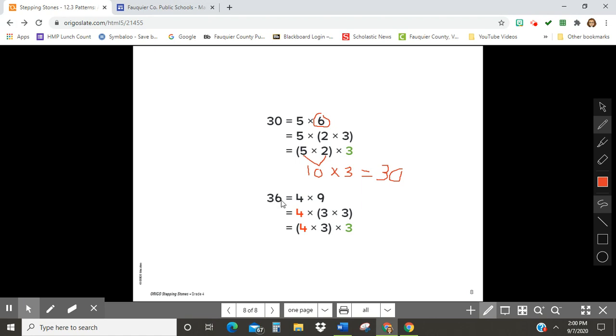So 36 is 4 times 9, or 9 times 4. So they're breaking down the 9. They're going to break down this 9 into 3 times 3. Or 4 times 3 equals 12, times 3.